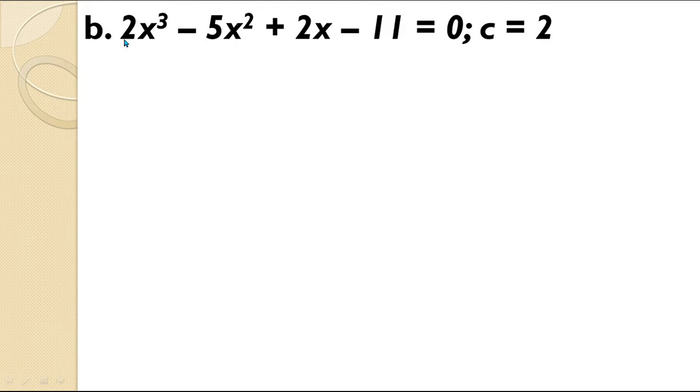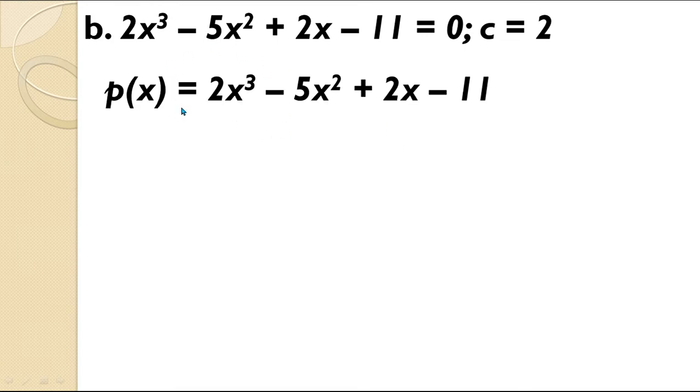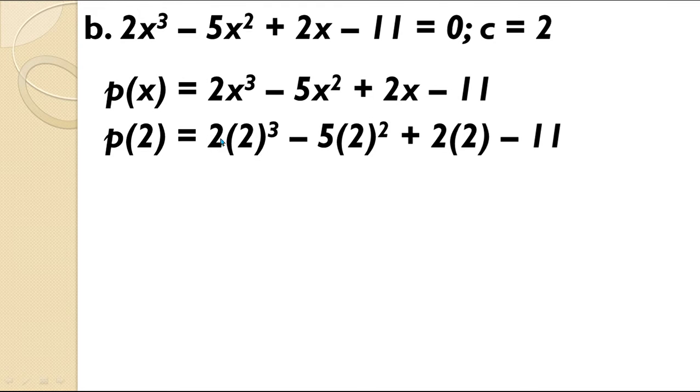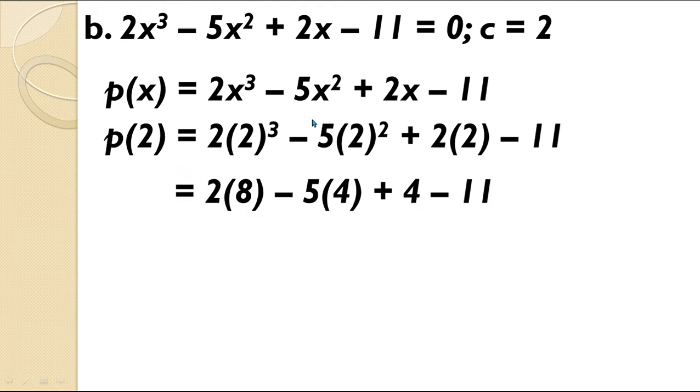Next, we have 2x cubed minus 5x squared plus 2x minus 11 is equal to 0. And the given value of c is positive 2. So, this is the same process what we did sa ating unang example. Substitute the value of c. So, after substituting, simplify. So, cube of 2 is 8. Square of 2 is 4. Then multiply 2 times 2 is 4 minus 11. So 2 times 8 is 16 minus 5 times 4 is 20. Then positive 4 minus 11 is negative 7.